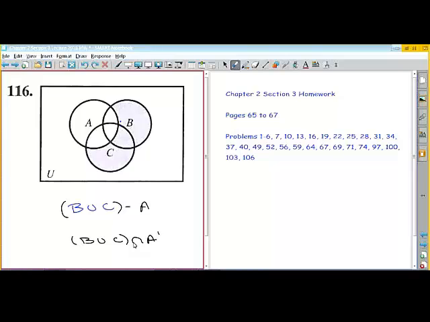Okay, well, we finished that section, so that's good. We'll move on to section 4, which is similar to it. It's talking about surveys. You know, do you like this and do you like that, and how many people like this and that, and it involves intersections of various things.